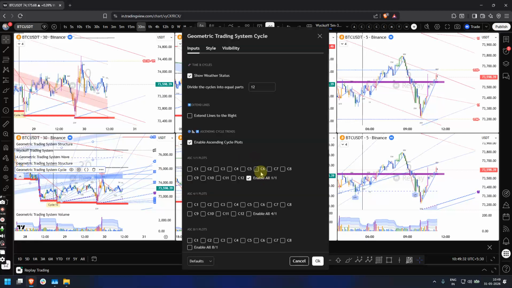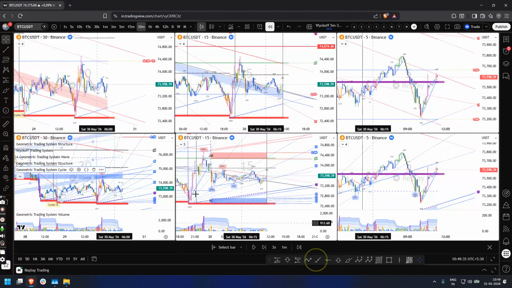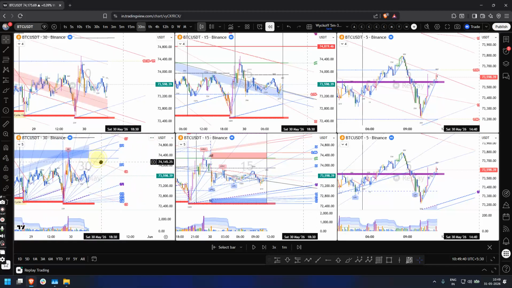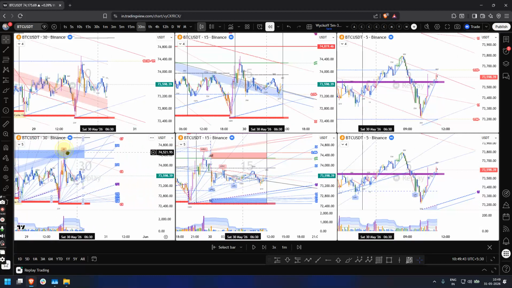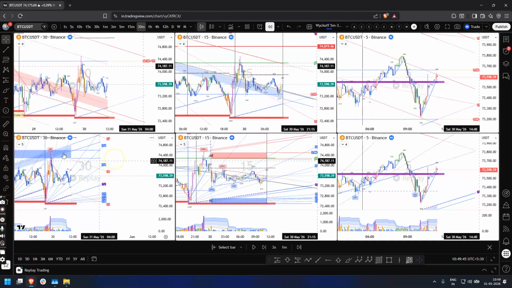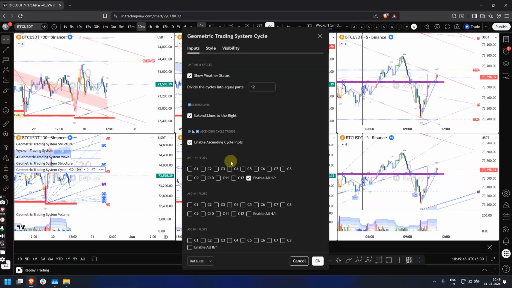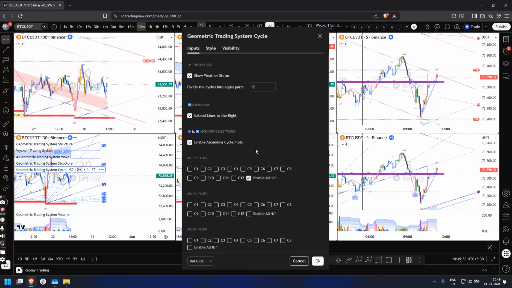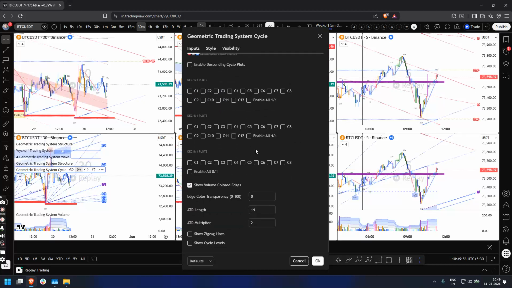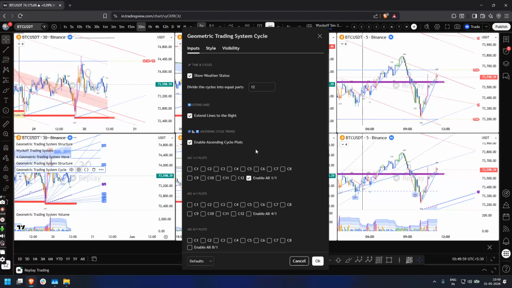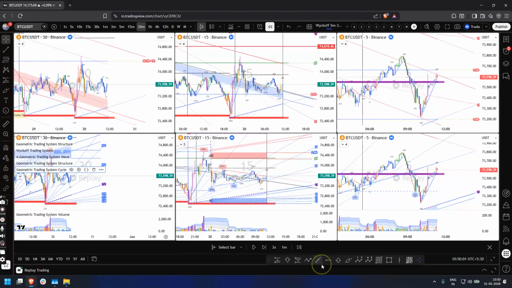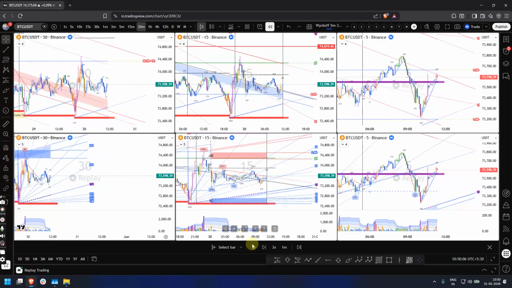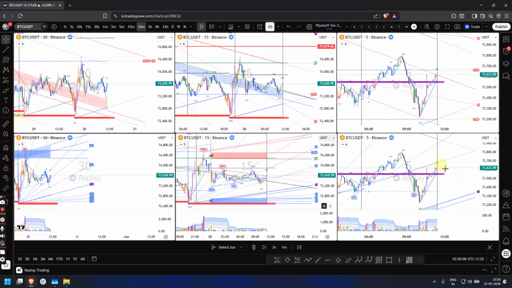I wanted to extend it to the right. Anyway, let's focus on the trade here.